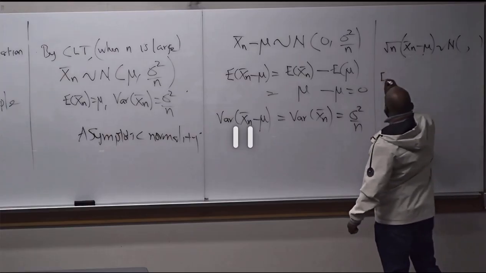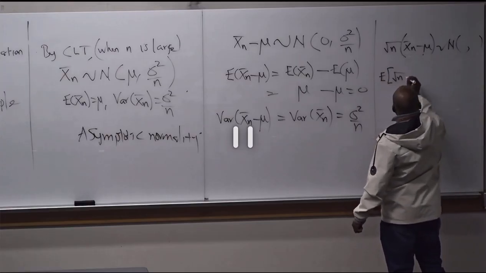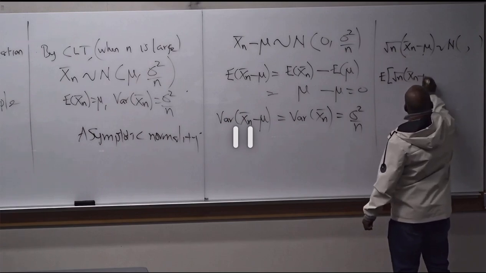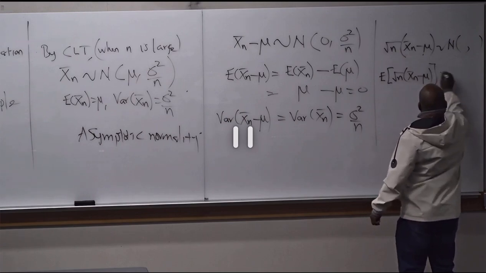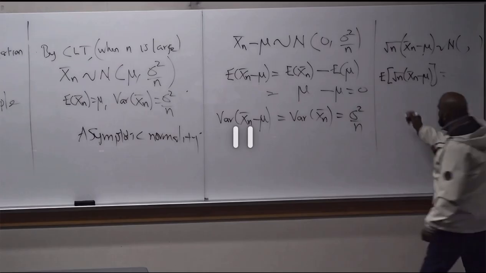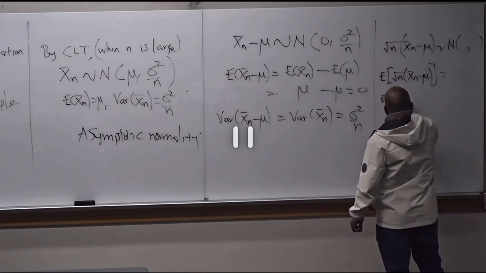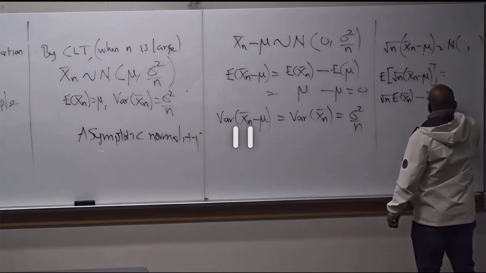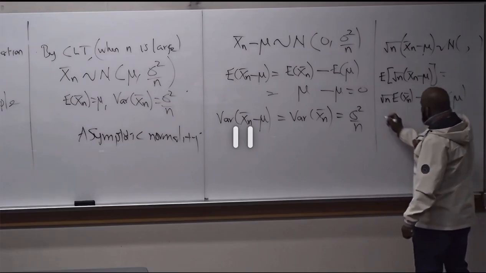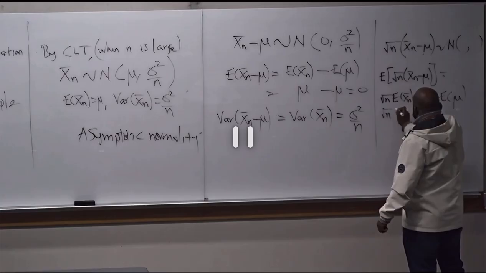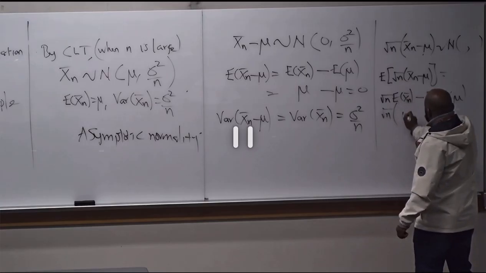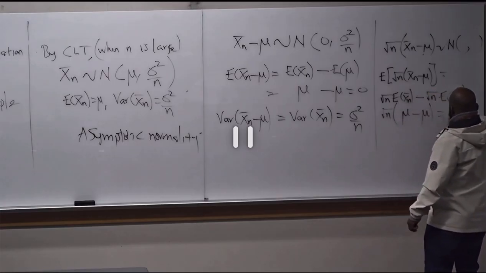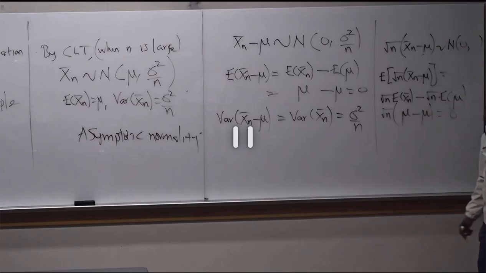I can find the expectation of the square root of n times x bar minus mu first. This is the square root of n times the expected value of x bar, minus the square root of n times the expected value of mu. The expected value of x bar is mu, so mu minus mu is still 0. So the mean is still going to be 0.